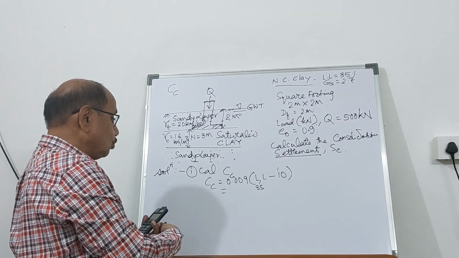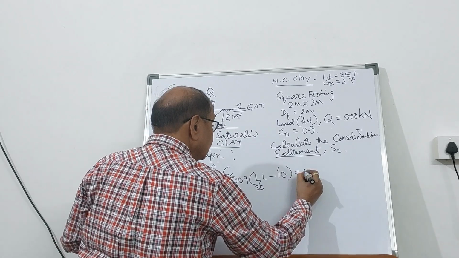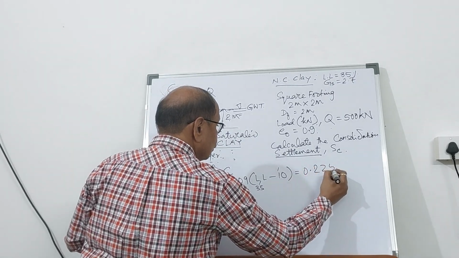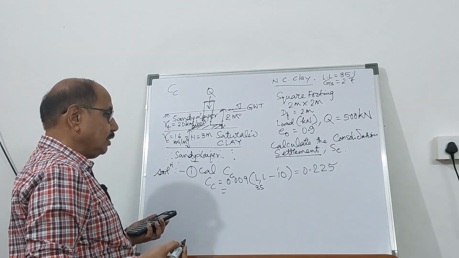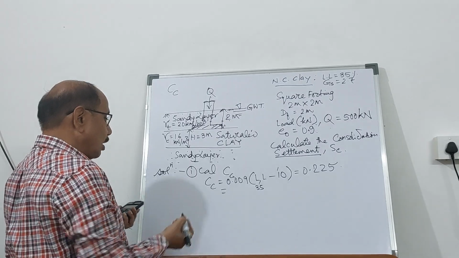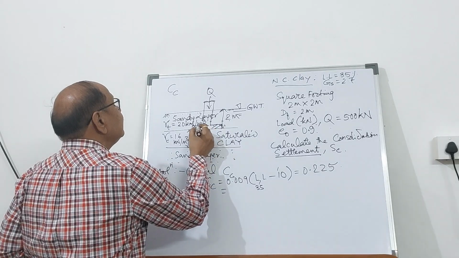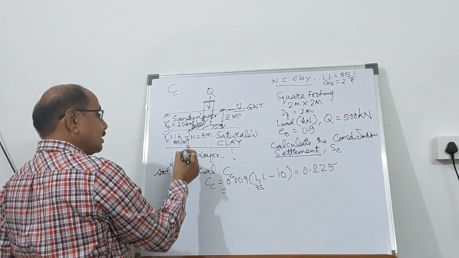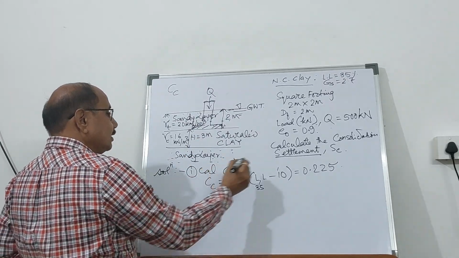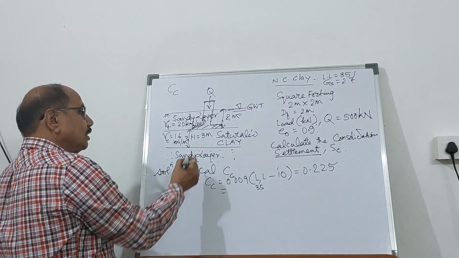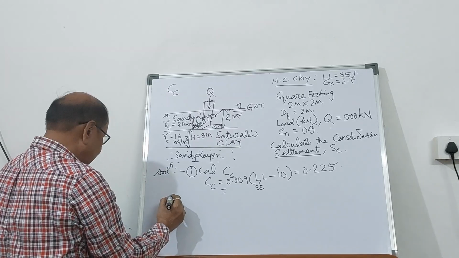This gives you 0.225. So the value of Cc is known to you, 0.225. And there is no unit for Cc. So you know now Cc. Now, the load is being transferred at the top of this clay layer. So if you want to calculate the consolidation settlement, this layer, total layer, should be divided into 3 parts.